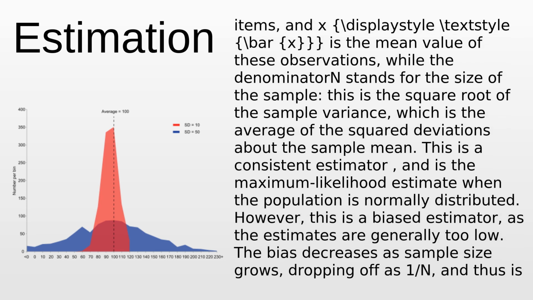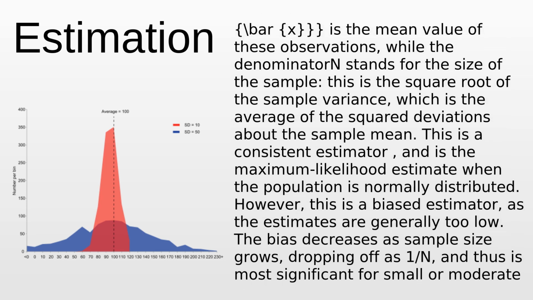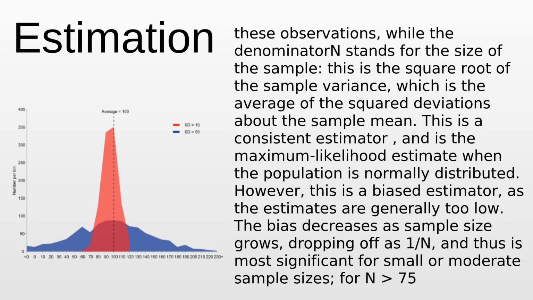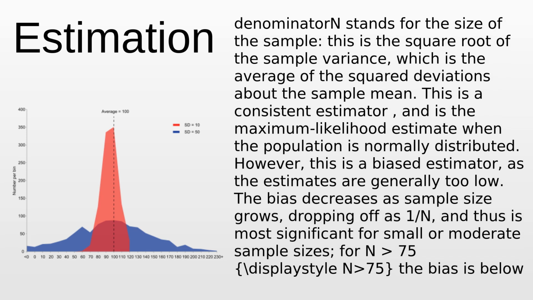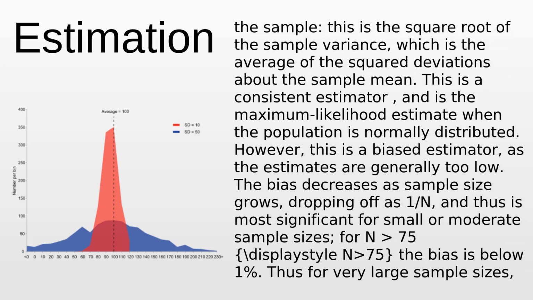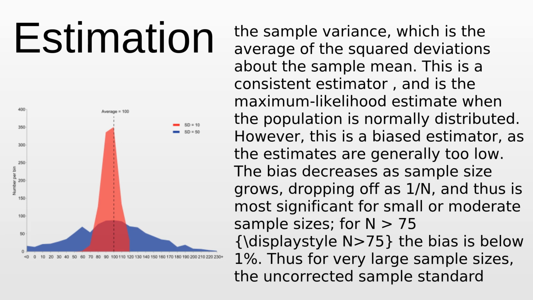This is the square root of the sample variance, which is the average of the squared deviations about the sample mean. This is a consistent estimator, and is the maximum likelihood estimate when the population is normally distributed.